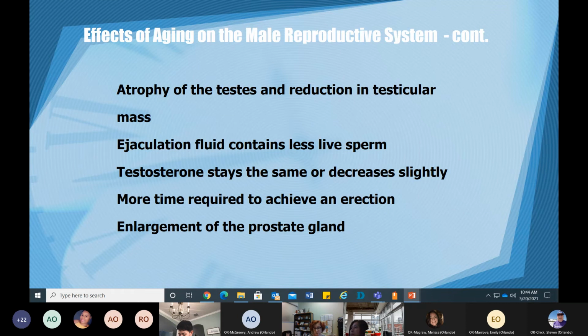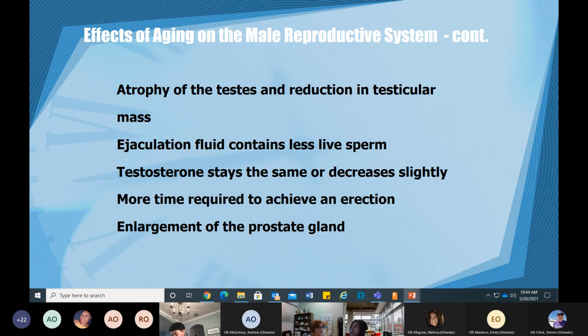Erections are a little bit more difficult for older gentlemen. And sometimes they're not able to maintain that erection, causing frustration for both partners. The prostate gland tends to get larger, and because the prostate has a lot of fibrotic tissue, it interferes with their urinary system.